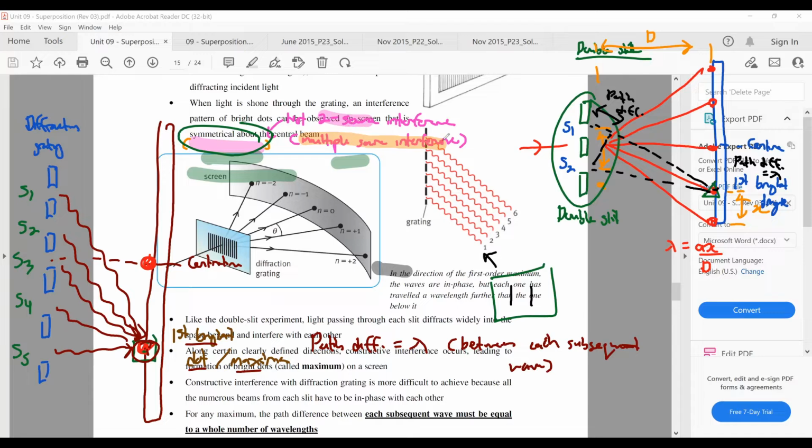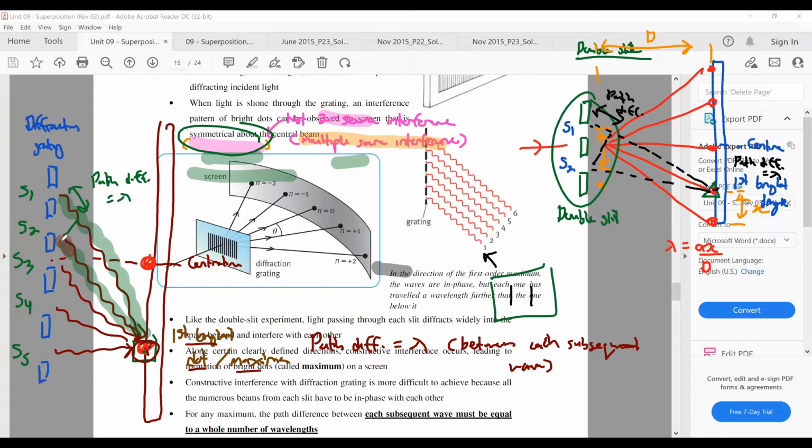What it means by that is that between wave S1 and S2, when it arrives here to give me the bright spot, to give me the constructive interference, this path difference must be equal to lambda.